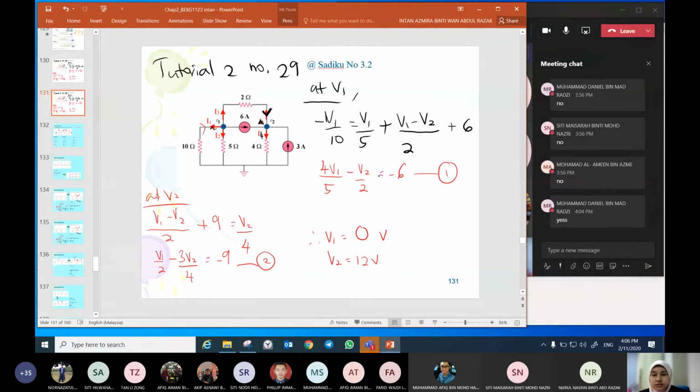Okay, class, any question? Doktor, kena guna semua resistor ke? Tak boleh I3, I2 dengan 6 je? Kena I1 sekali. Of course.